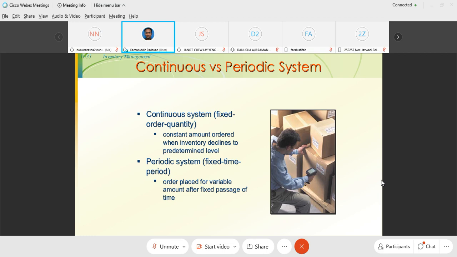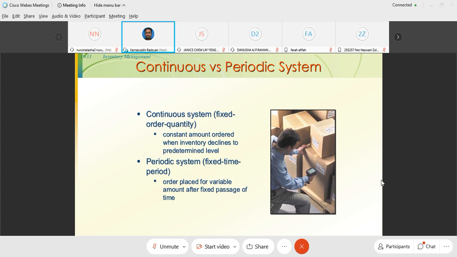The continuous system, or fixed order quantity, has a constant order amount when inventory declines to a predetermined level. We can find this system in the economic order quantity model.